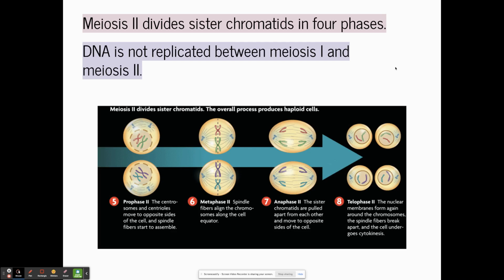Notice the difference between picture number 5 and picture number 8. We have our chromosomes and then we have our chromatids. We also make 4 cells at the end. Each one of these, n equals 1, meaning that each of these sex cells has one set of chromosomes. They are all haploid cells.